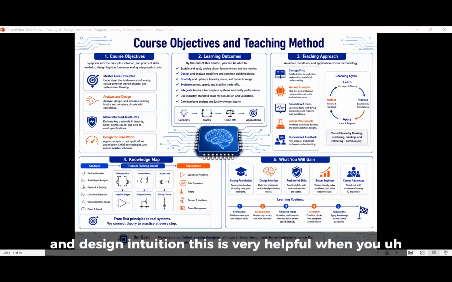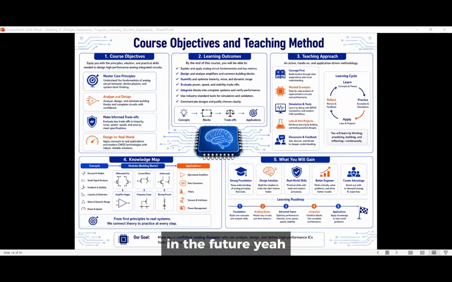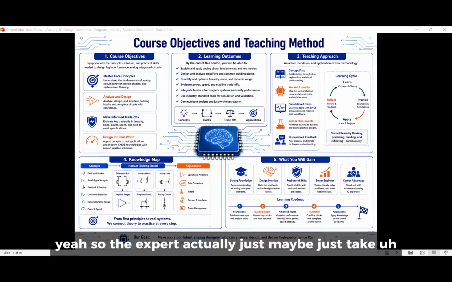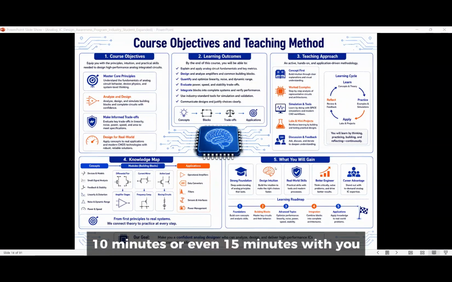And design intuition. This is very helpful when you do interviews in the future. Because when you do an interview, there are lots of participants, so the expert may just take 10 minutes or even 15 minutes with you.